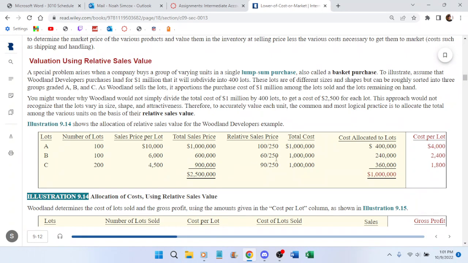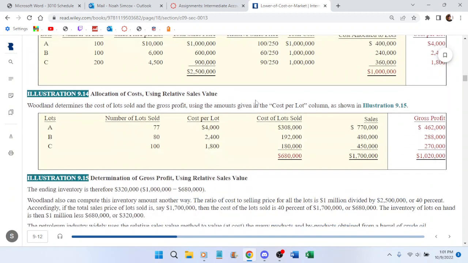Oh, okay. No, it's this divided by this. This divided by this equals this. Multiply this by this to get cost allocated to the lot. Okay, that's not that bad. That's just basic math.